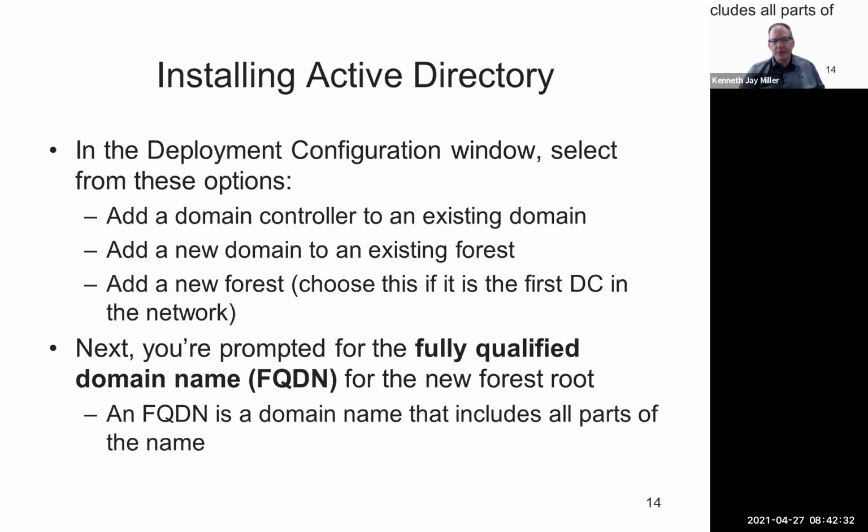And then you're prompted for the fully qualified domain name for the forest root. That is something that we put in, and I tell you what to put in, and that's CNET.lab, right? That is the domain forest root of our environment.